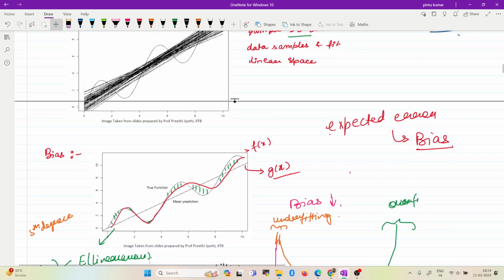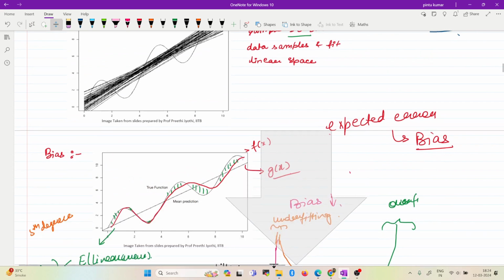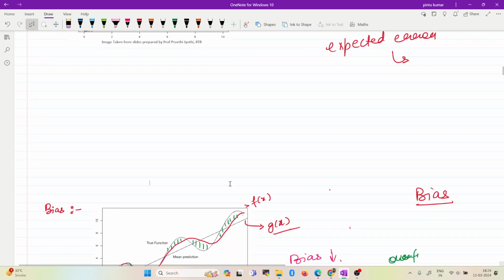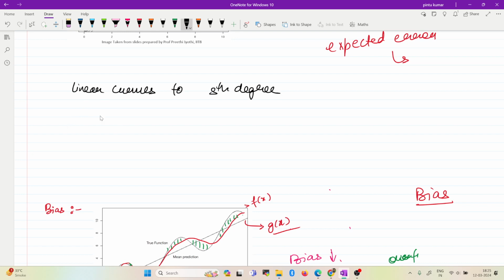What I did is I went from linear curves to a fifth degree polynomial. So I increased the complexity of my model.